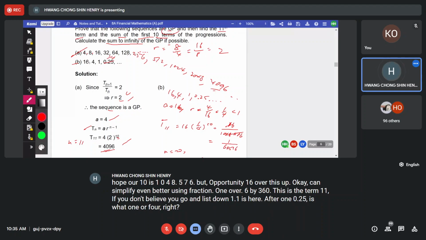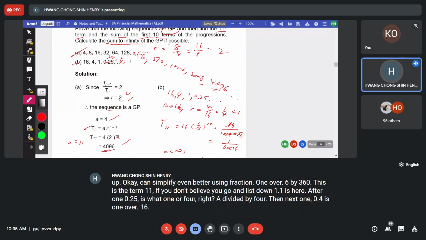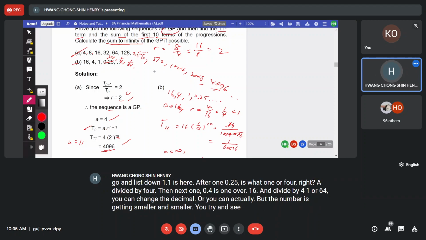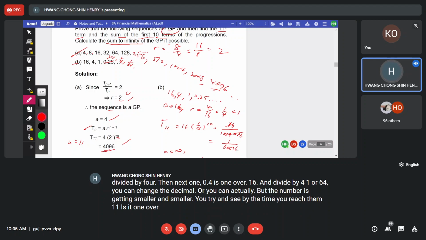You divide by 4. Then next one, divide by 4 is 1 over 16. Then divide by 4, 1 over 64. You can change to decimal, or you can write in fraction, but the number is getting smaller and smaller. You try and see by the time you reach term 11, is it 1 over 65536?